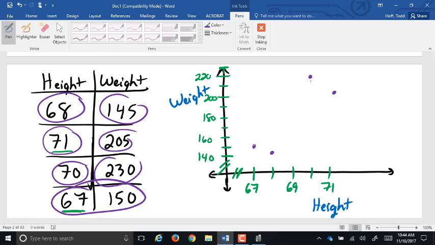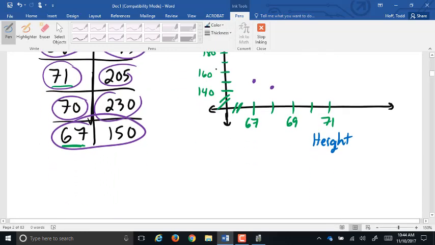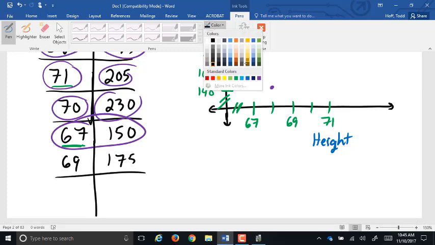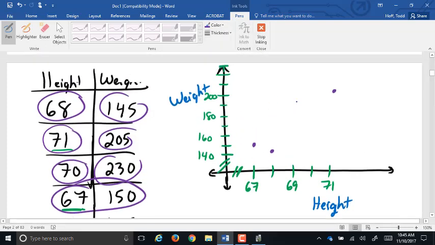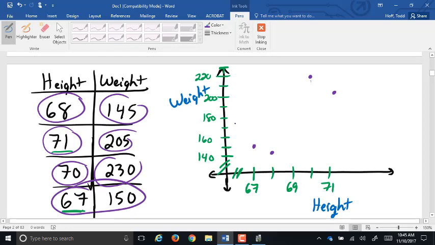Now, right now, there's not enough points on here to get much of a picture. If I added more points, measured more people, in other words, let's say we have somebody who's 69 inches tall and about 175 pounds. Well, their point would go, here's 69, 175, somewhere in there.